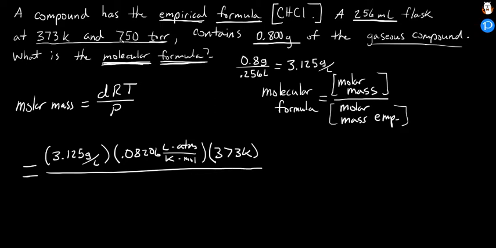They give us the pressure in torr, so we're going to have to convert that into atmospheres. So 750 times, there are 760 torr for every 1 atmosphere.